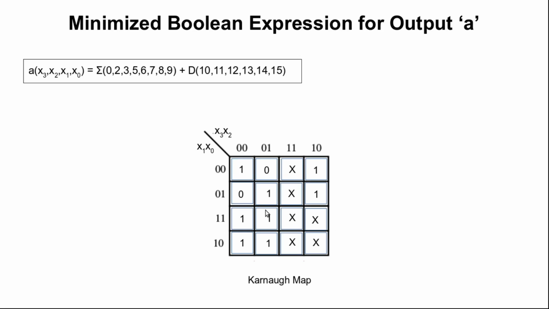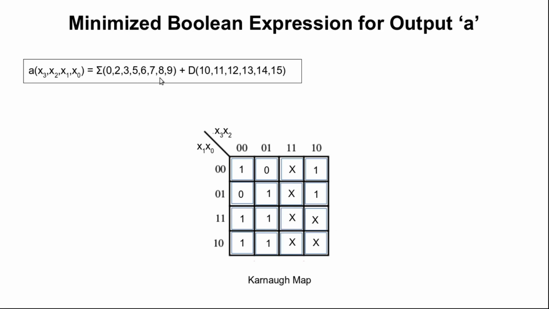And in this Karnaugh map, we have already marked those minterms which are listed here. We have marked them as 1. So minterm 0 is 1, minterm 2 is 1, minterm 3 is 1, 4 is 0, 5 is 1, 6 is 1, 7 is 1, 8 is 1, and 9 is 1.